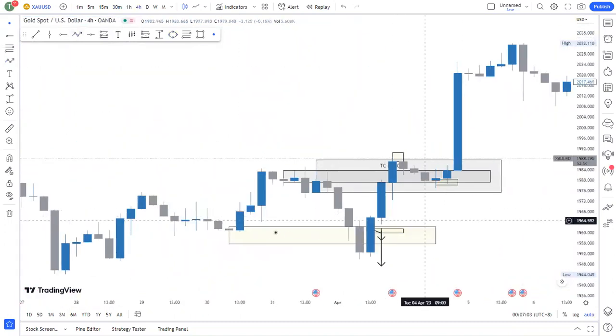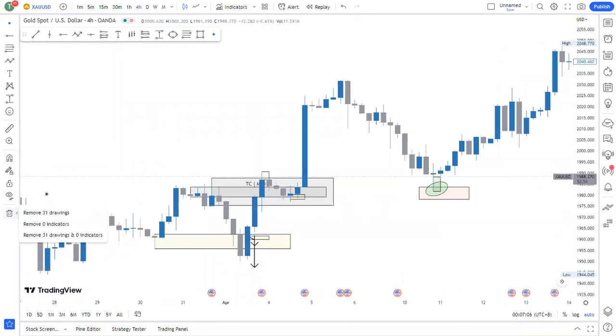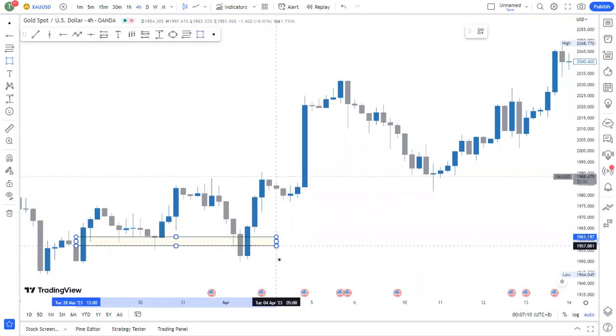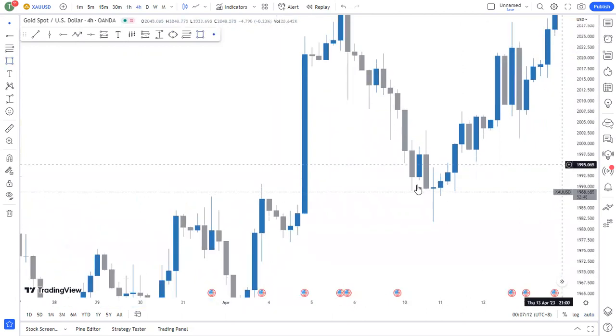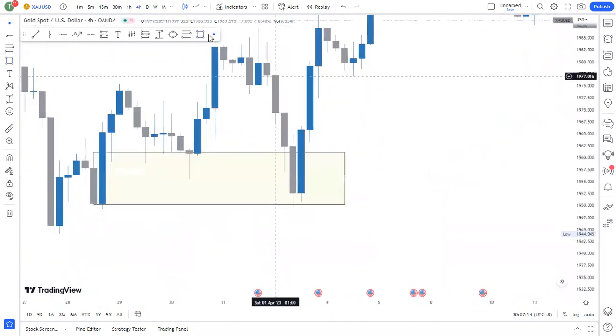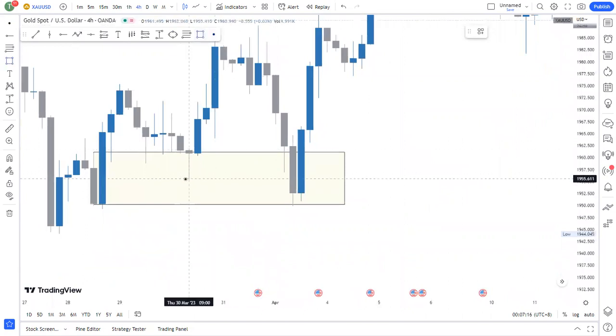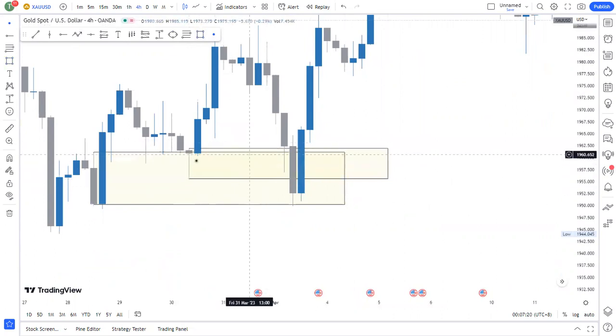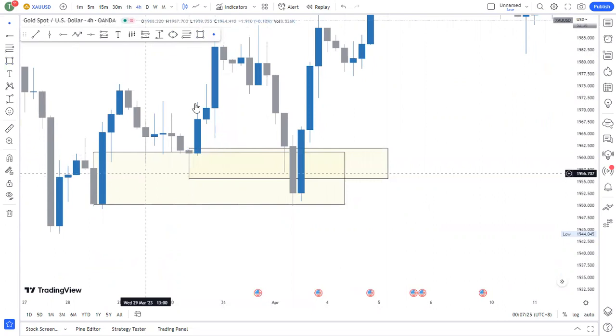Okay, and then if you look at here before this, we have the buy zone, which is our setup, right? Yeah. And then we have this zone, which is our exit, right? Understand it? Okay, good.